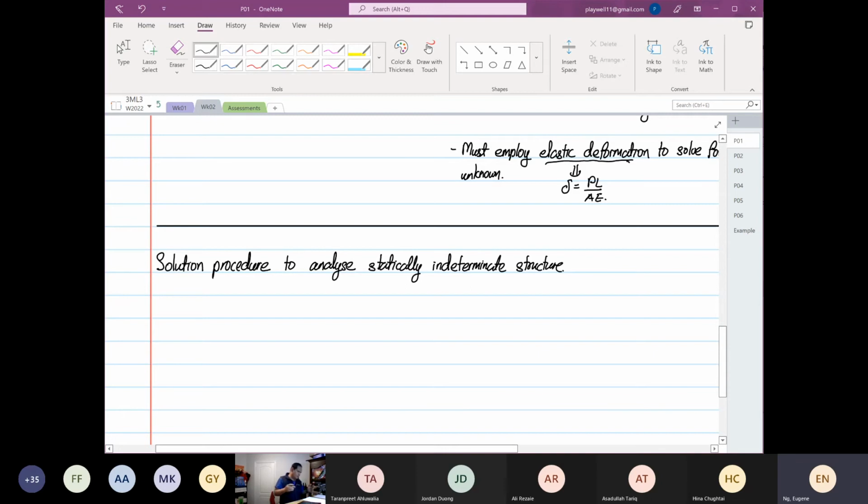So I'm going to write out some definitions and terms. Then I'll show you through an example.